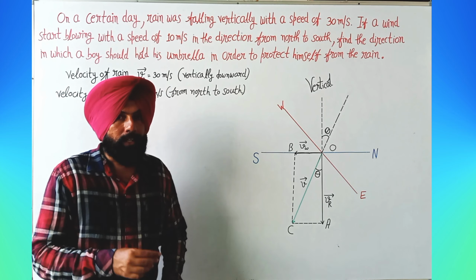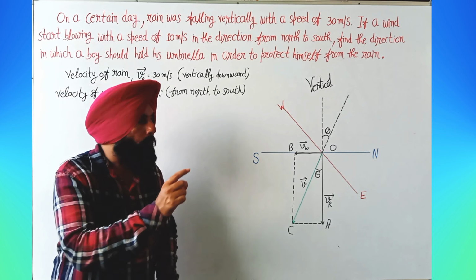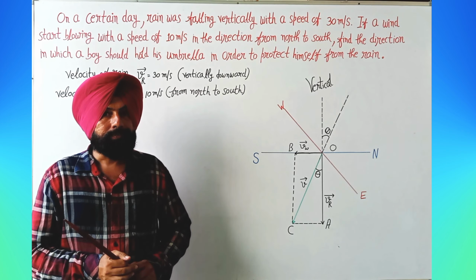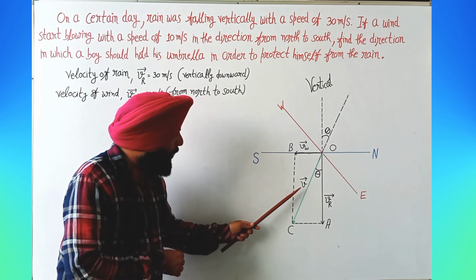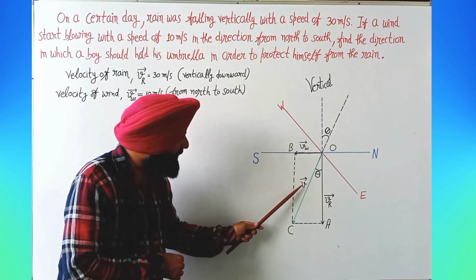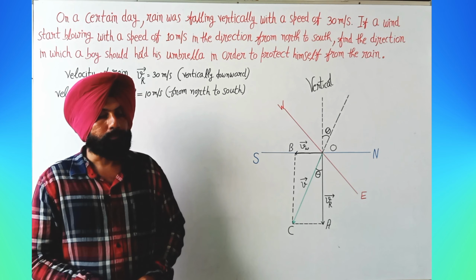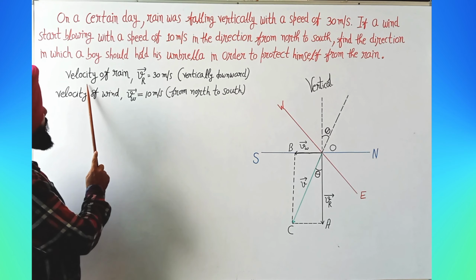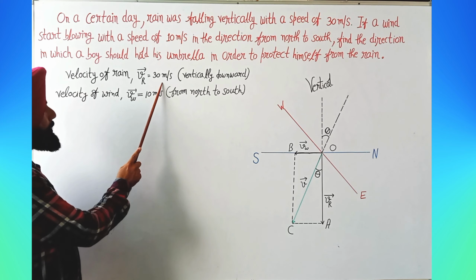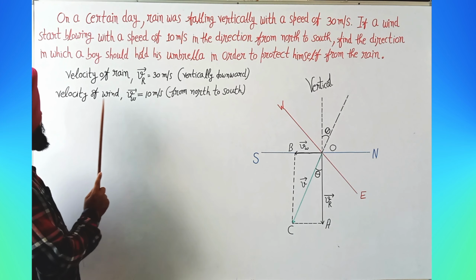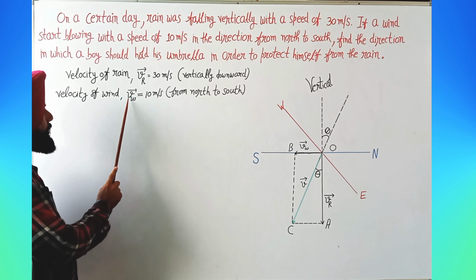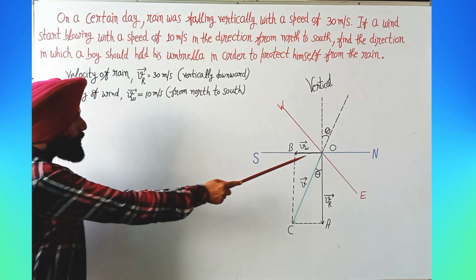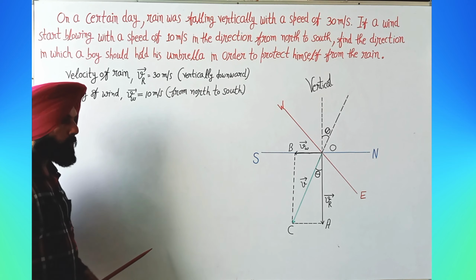VW represents the velocity of wind, and V represents the velocity of the resultant of rain. Now, velocity of rain VR is 30 meters per second vertically downward. Velocity of wind VW equals 10 meters per second from north to south.